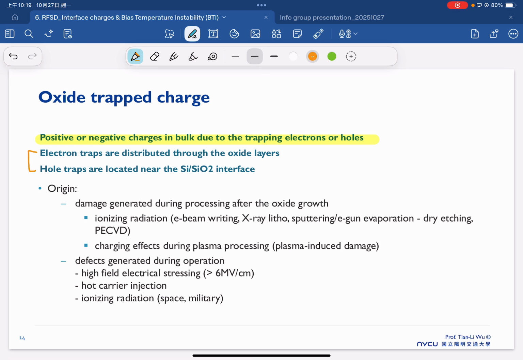However, this is not a universal truth. That has to depend on your process or your semiconductor substrate. But in any case, the conclusion is always, if we have electron trapping, we always cause our IV curve or CV curve to have a positive shift.